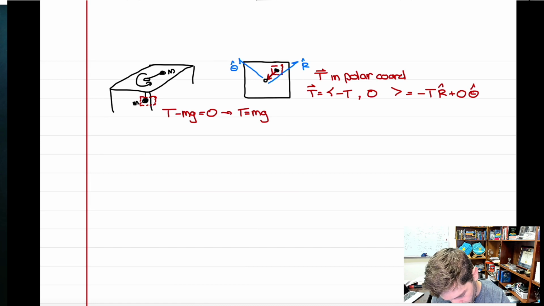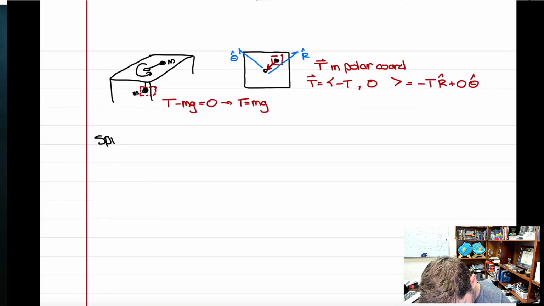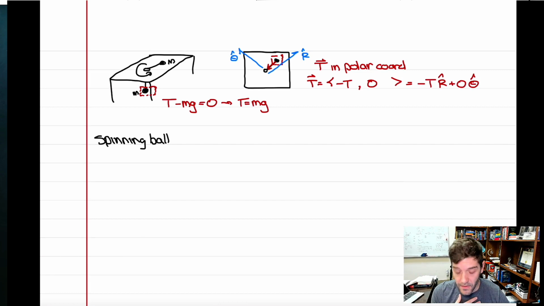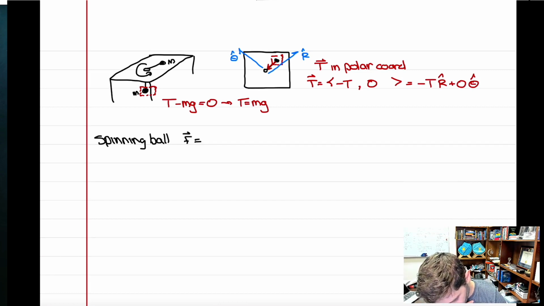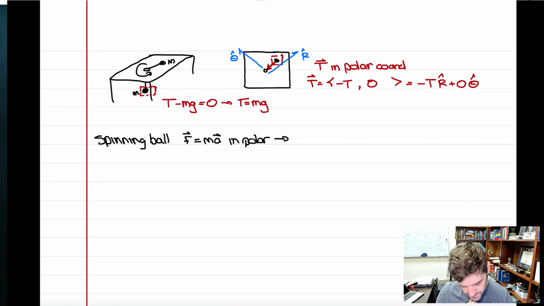Okay. So for the spinning ball on the table, F equals ma in polar coordinates is the following.